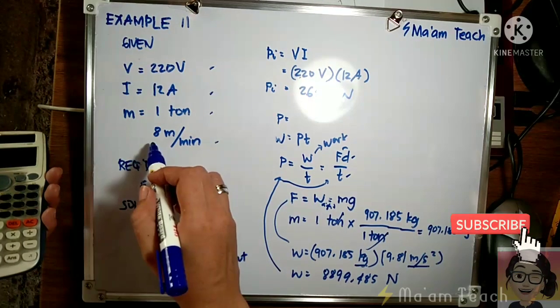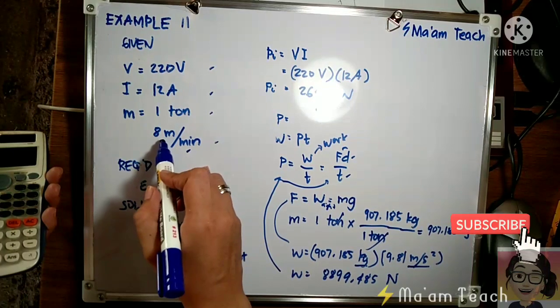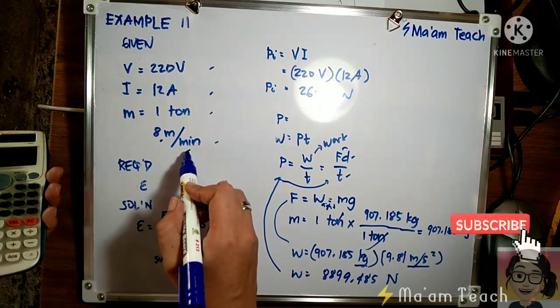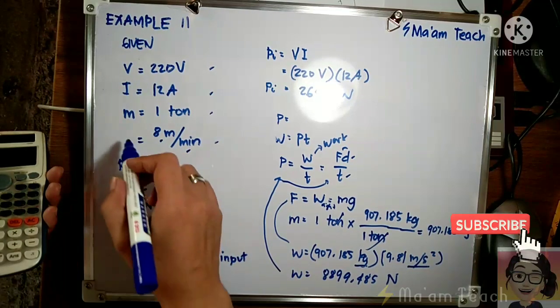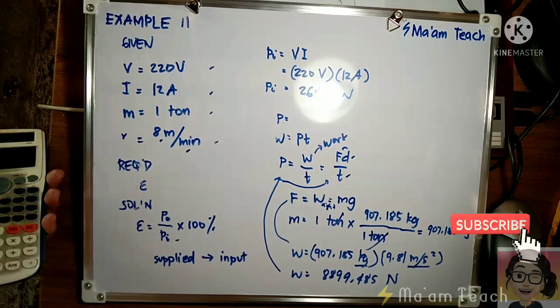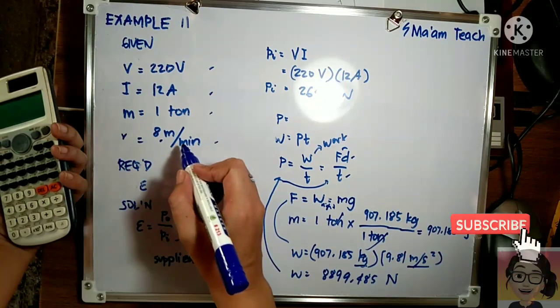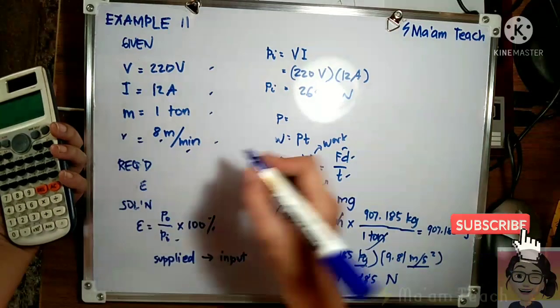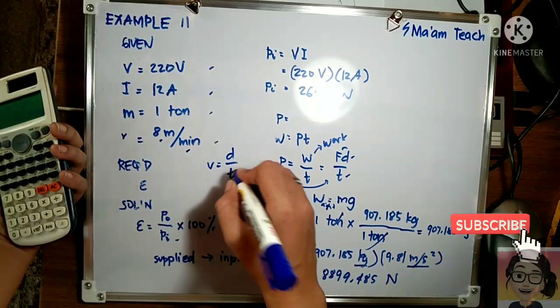If you can see here, we have distance over time, right? Meter is a unit of distance, while minute is also a unit of time. So this quantity here, the rate, is how fast your hoist motor is moving. So this refers to velocity. If you could recall, velocity, or speed, is distance over time.